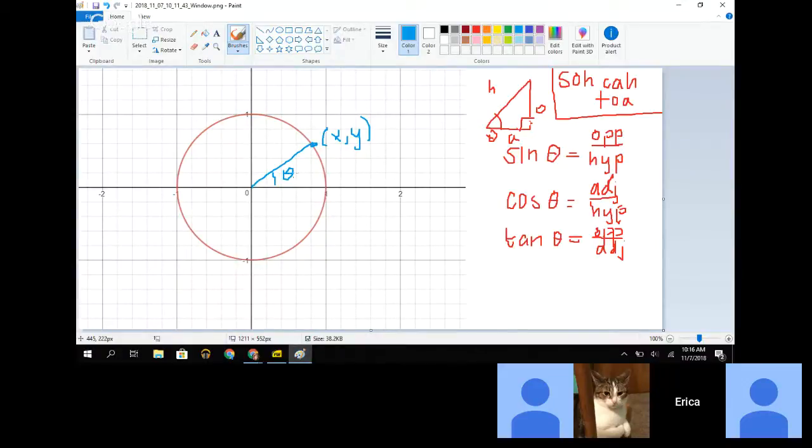Okay, what is the distance of my blue line here? That's 1, right? That's 1. And the distance from here to here is x. And the distance from here to here is y on any point of my unit circle, right?